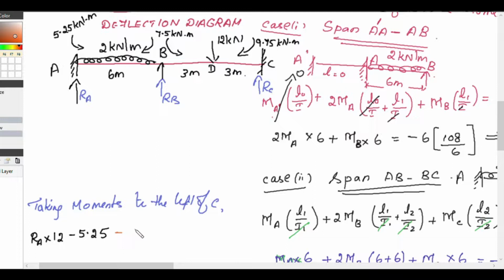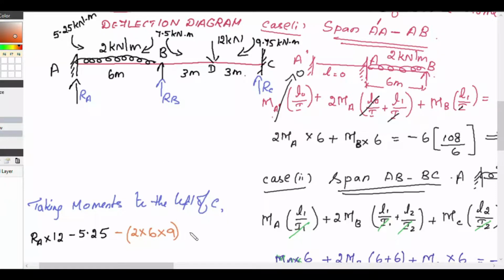Minus 2 into 6, multiplied by the distance, that is 3 plus 6, 9. Now we have another moment, plus 7.5 minus 7.5. So this becomes 0. This becomes cancelled.